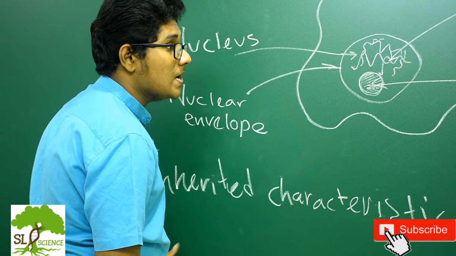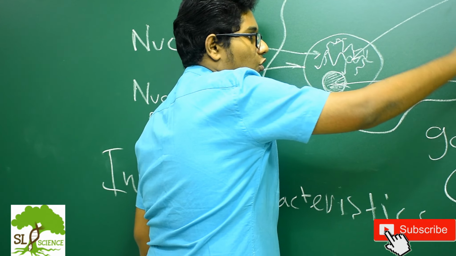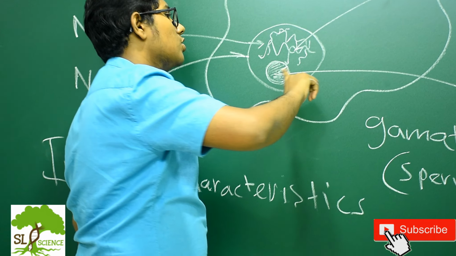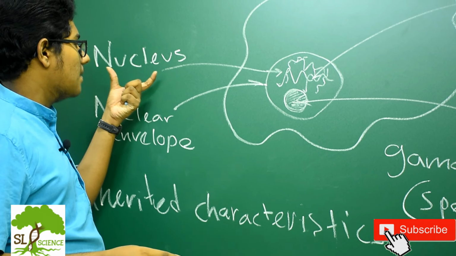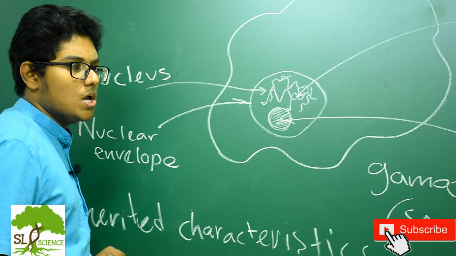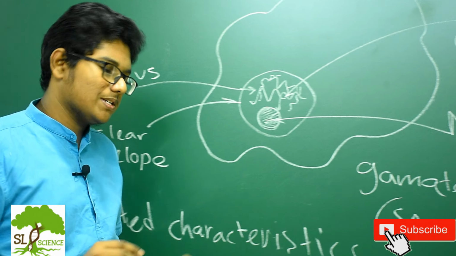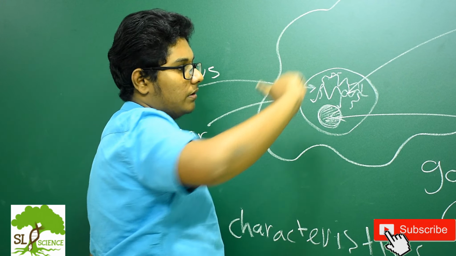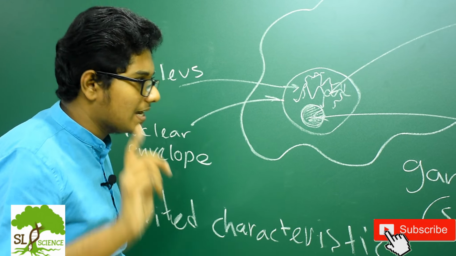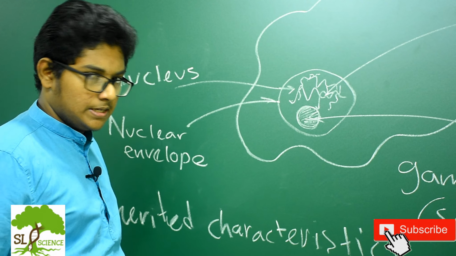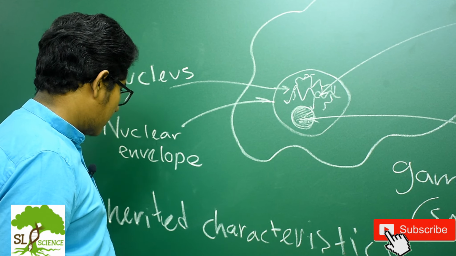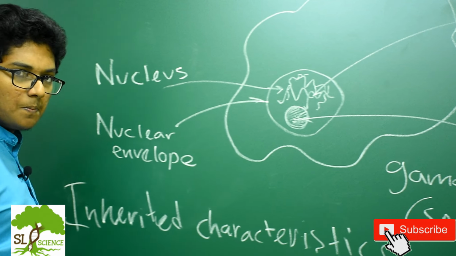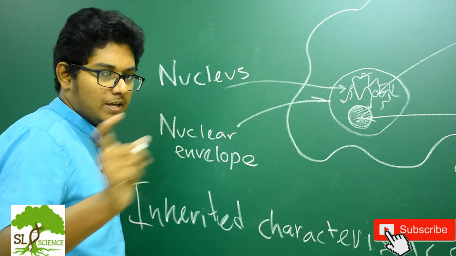This is done by the chromosomes, really. The chromosomes are inside the nucleus, so it's a main function of the nucleus. So there are two main functions of the nucleus. The first is controlling all the organelles all over the cell, and the second is transferring those inherited characteristics from one generation to another.